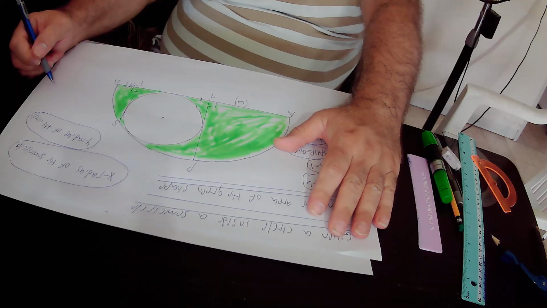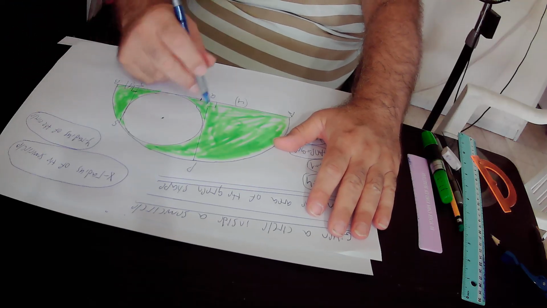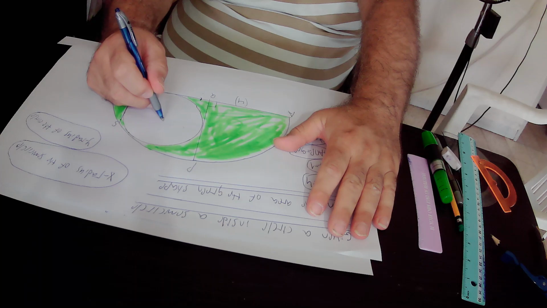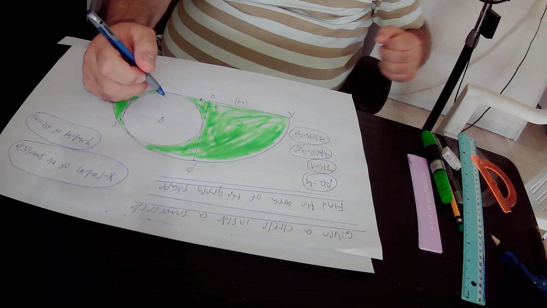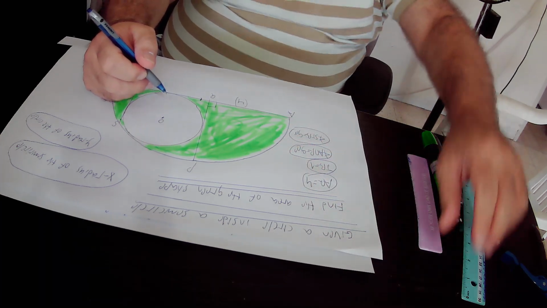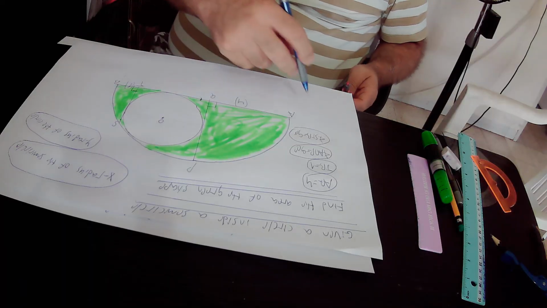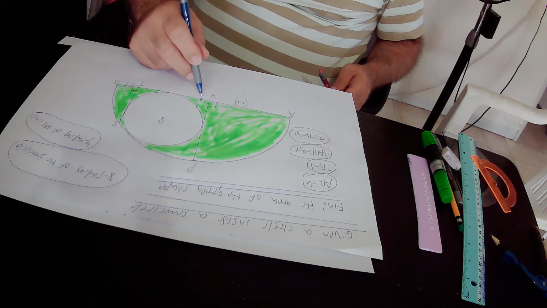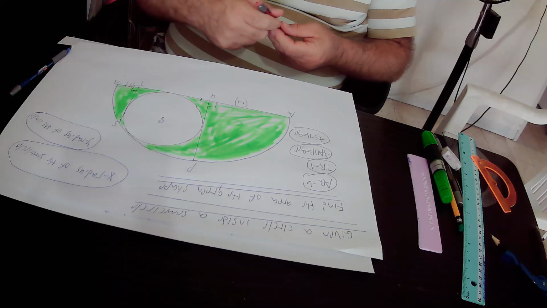In the next step, we will define the center of this circle. This point is point O, and we will define the center of the big semicircle. This point is point C.